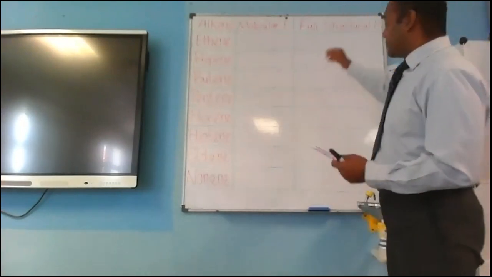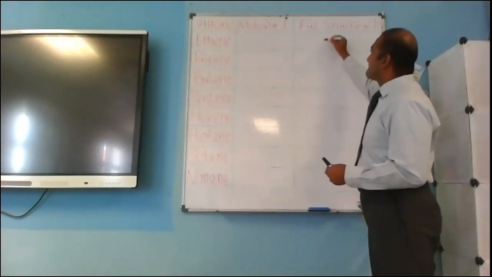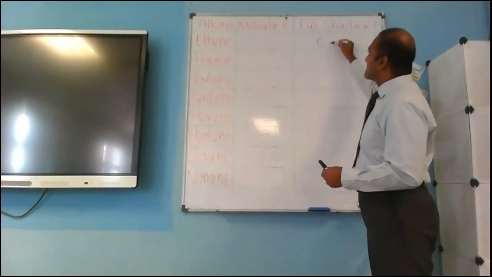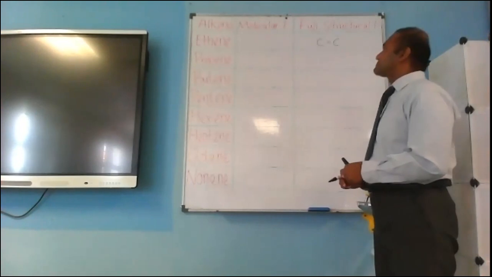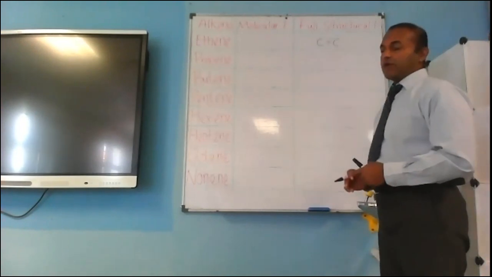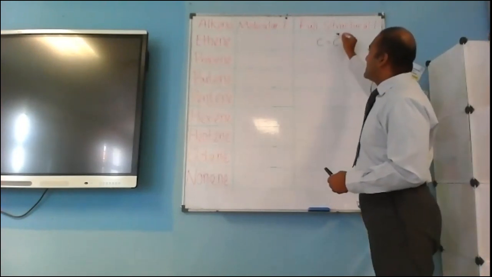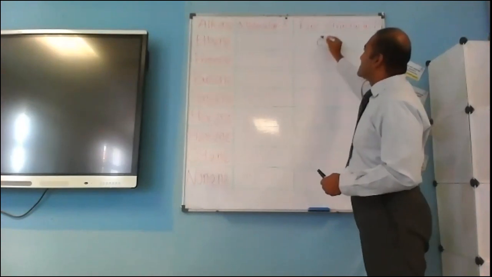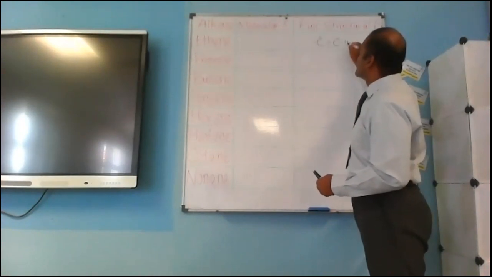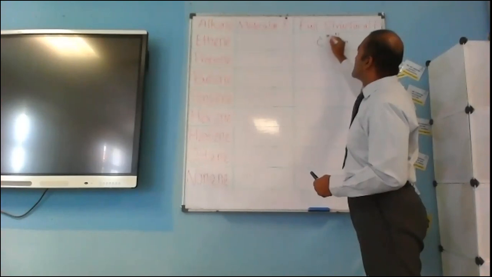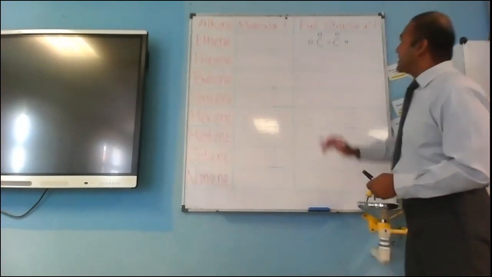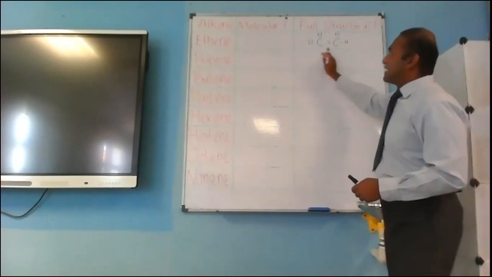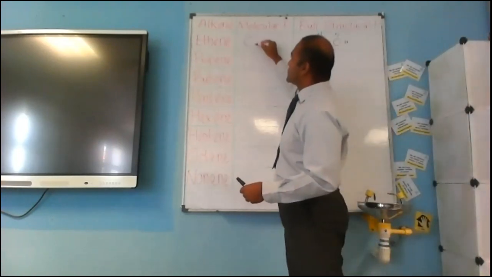So when we draw the first alkene, we draw one double bond, and we can fill out the rest with hydrogen. Therefore, we know the formula of this is C2H4.